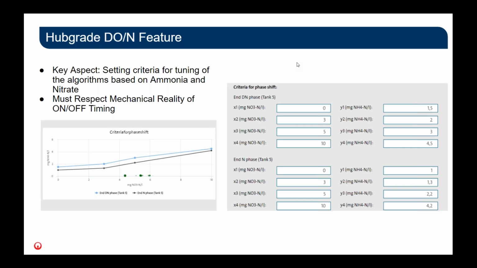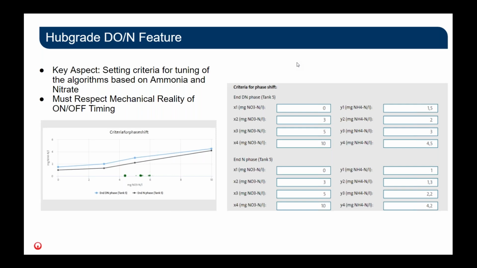Another core aspect that has to be recognized in any of these types of systems is the mechanical realities of the aeration system. The ability to turn the air completely on or completely off, depending on the type of aeration system, can have time limitations.